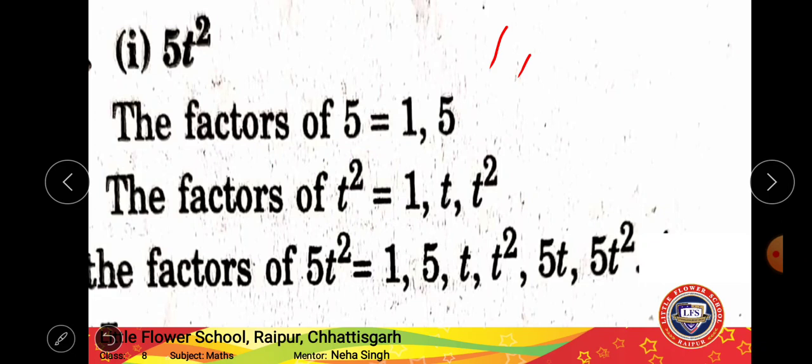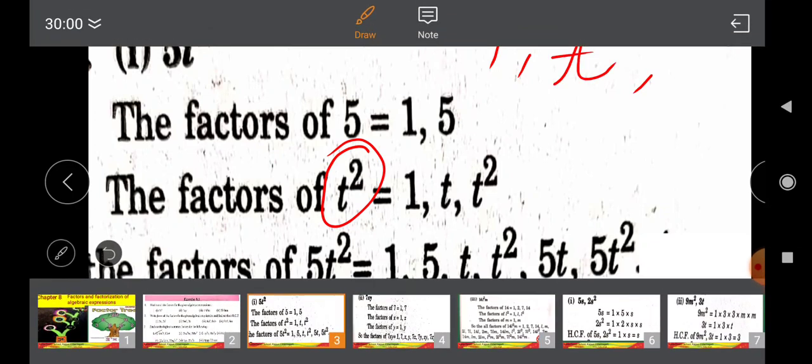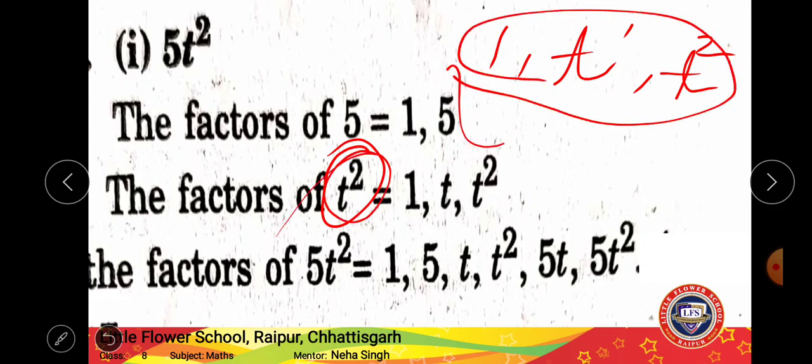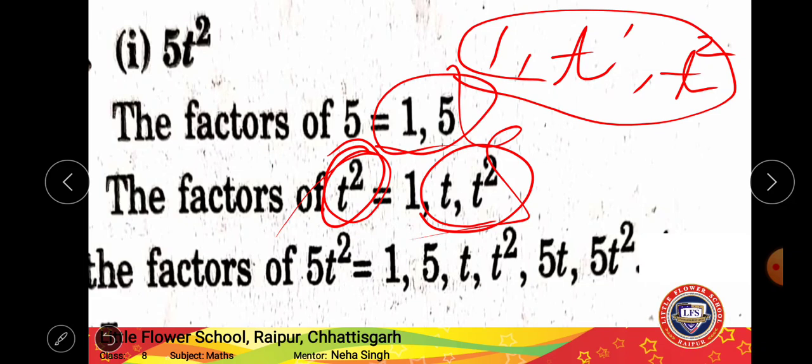Now for t square, I will take t to the lowest power first, that is t power 1, and then proceed till the maximum power of t, which is t square, right? So 1, t and t square are the factors of t square. Together, factors of 5t square will be 1, 5, t, t square, right?